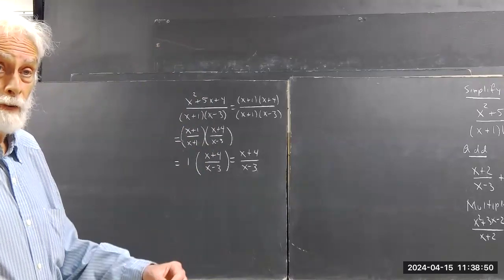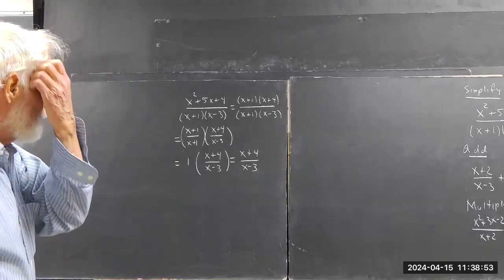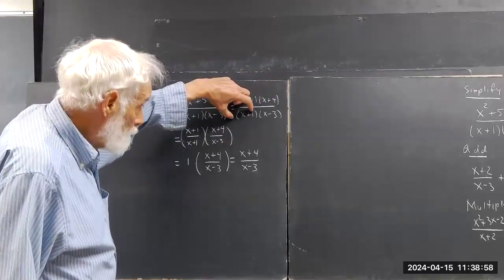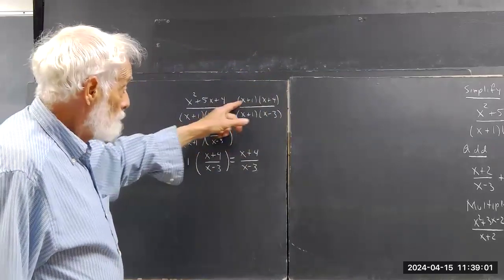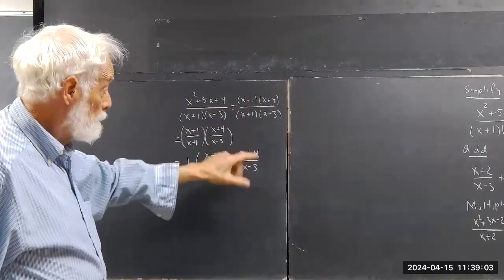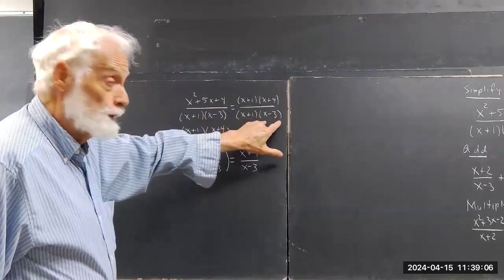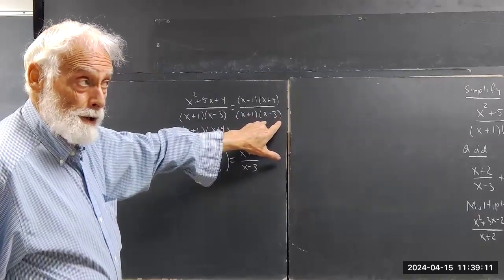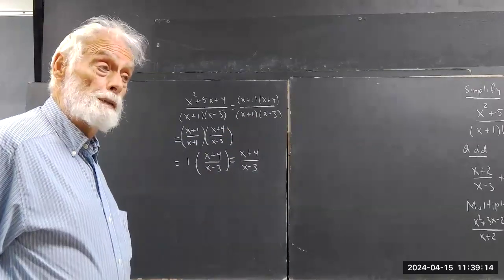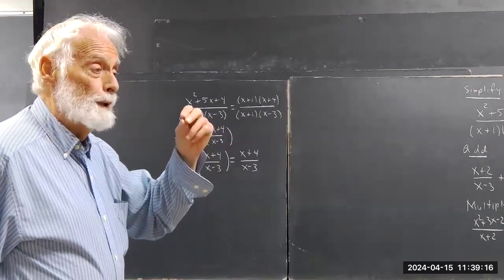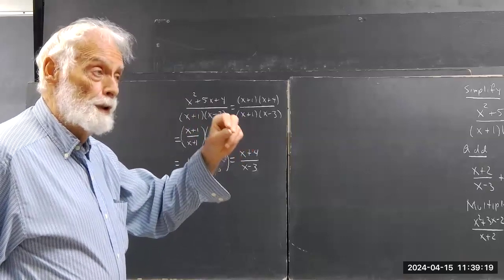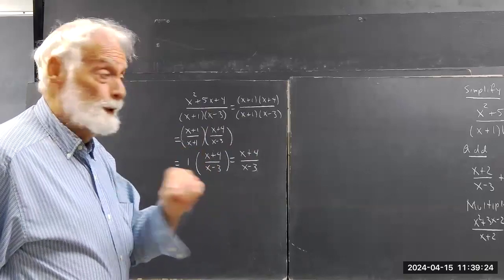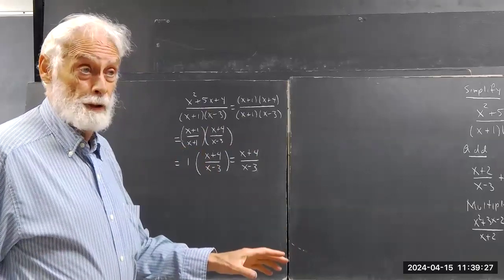There are rules for cancellation. By the rules for cancellation, you can put lines through them if this is a factor of the numerator and this is a factor of the denominator. That means this is multiplied by a bunch of other stuff to give you the numerator, and this is multiplied by a bunch of other stuff to give you the denominator. If you're canceling anything, you really want to write out that I'm canceling a factor of the numerator with a factor of the denominator, and think about what that means, because there's an epidemic of bad cancellation.